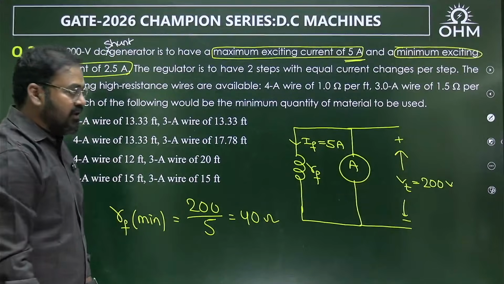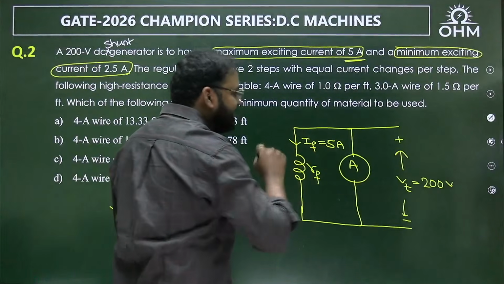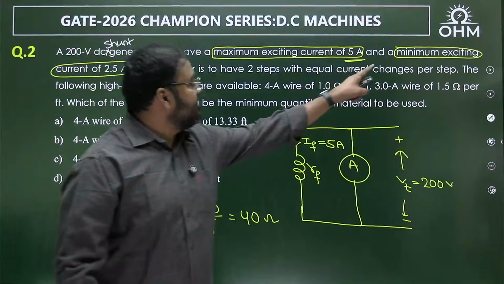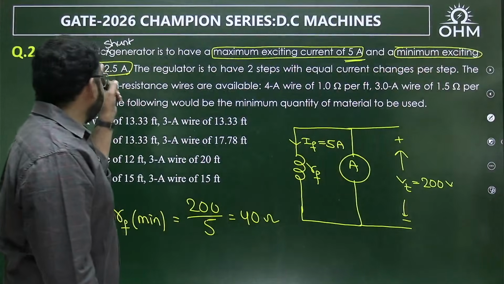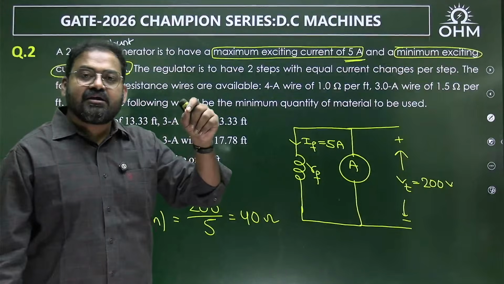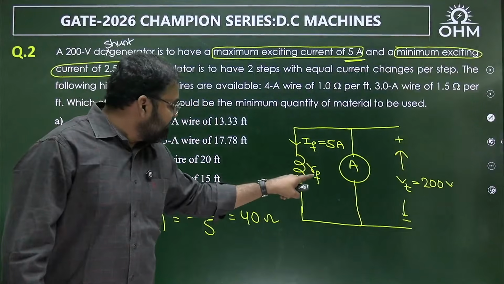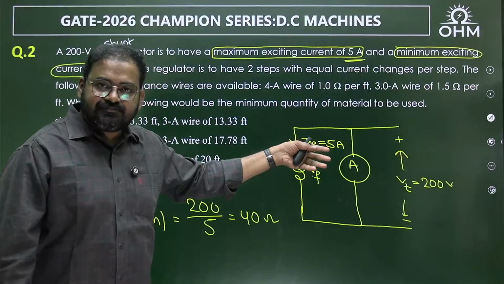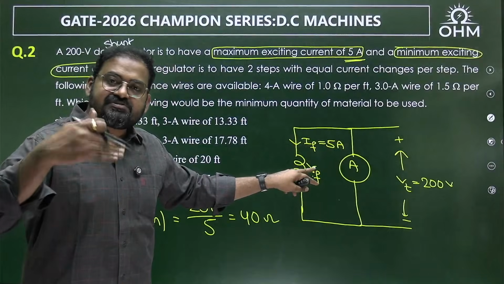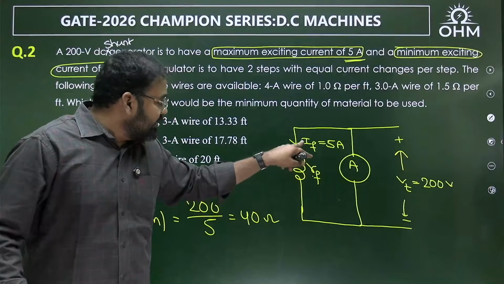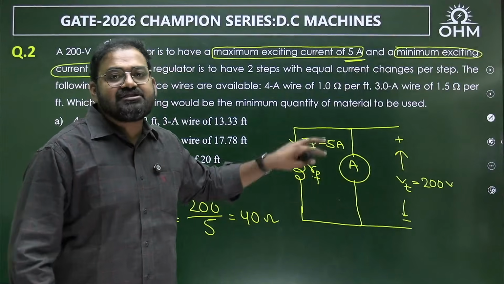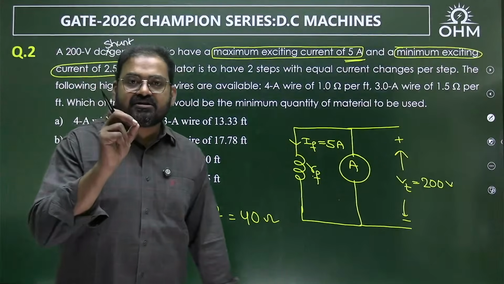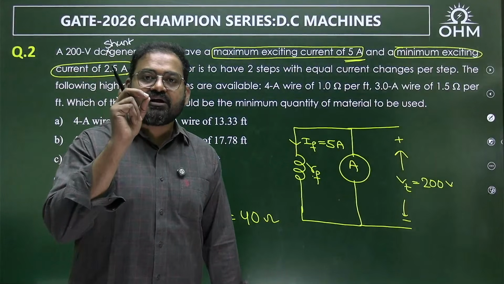Next, for example, when field current is 2.5 ampere, that is the minimum field current. Can I say field current will be minimum only when field resistance is maximum? Field resistance becomes maximum only when you add extra resistance in series with this field winding. And that extra resistance is nothing but a field regulator.